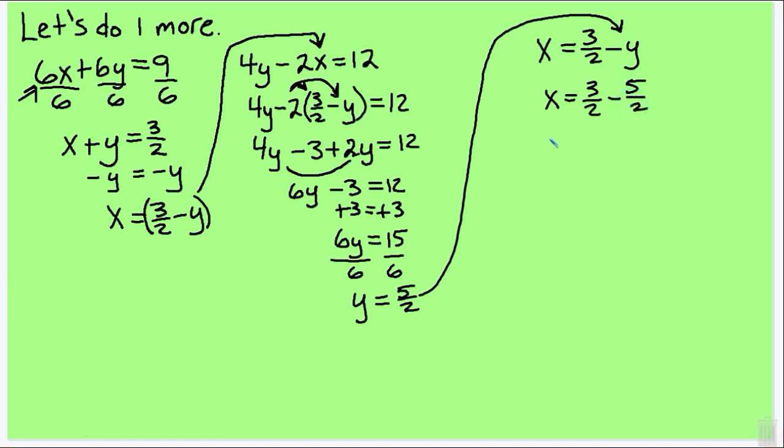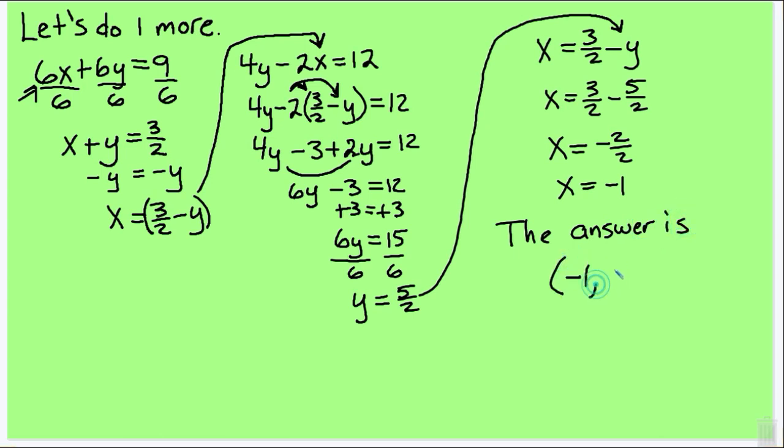So that means I get x is equal to negative 2 over 2. And that is equal to negative 1. The answer is negative 1, 5 halves.